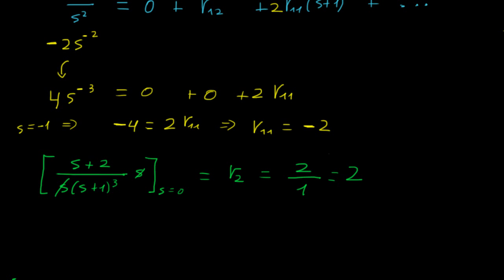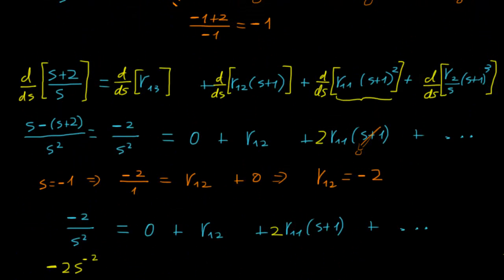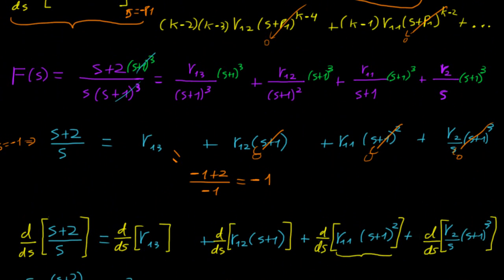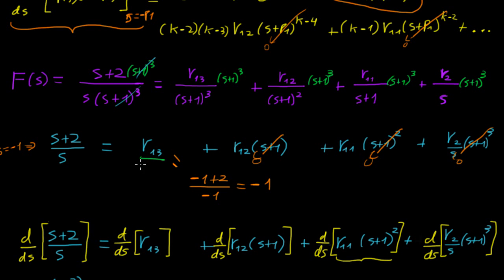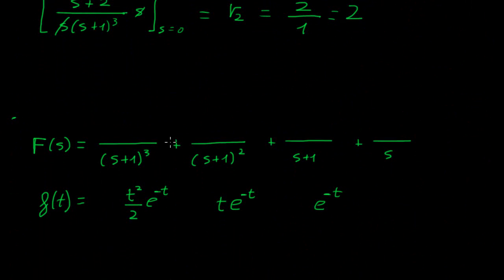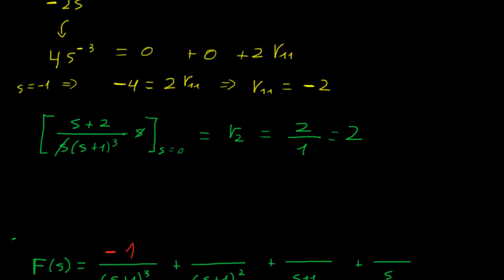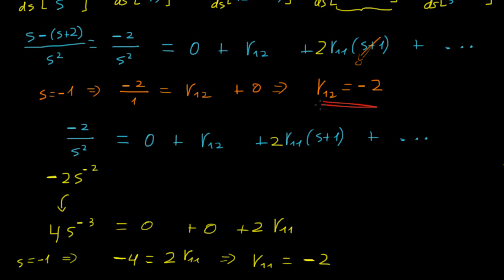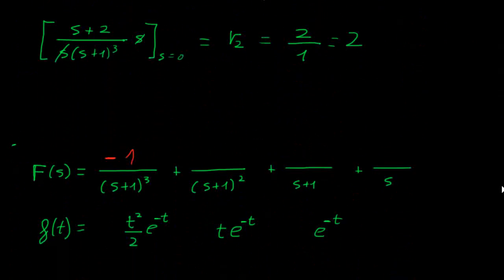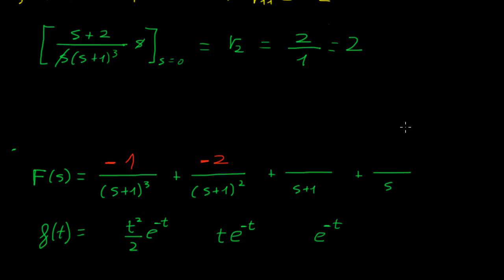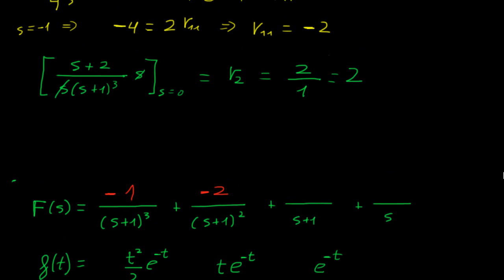So let's take all our residues and take them to the original expansion. r13 is equal to -1, so here we have -1. r12 is equal to -2, so here we have -2. r11 is -2 again, and r2 is 2.